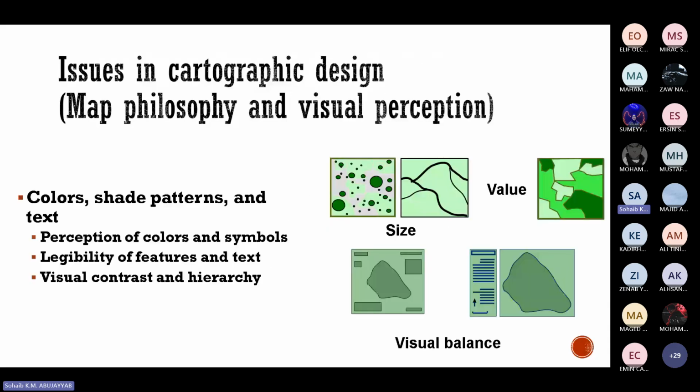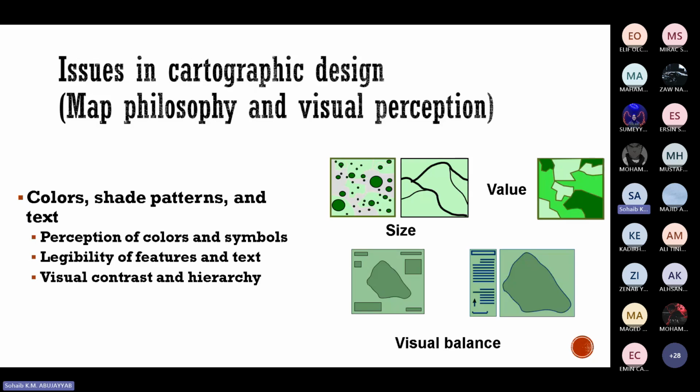Among the map philosophy and map design, it depends on your target, whether your target is global, national, or local. You should use the standard colors, shade pattern, and text and symbols.